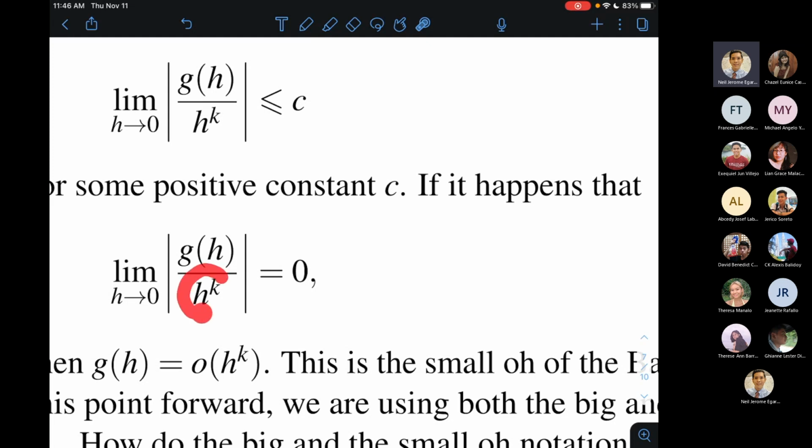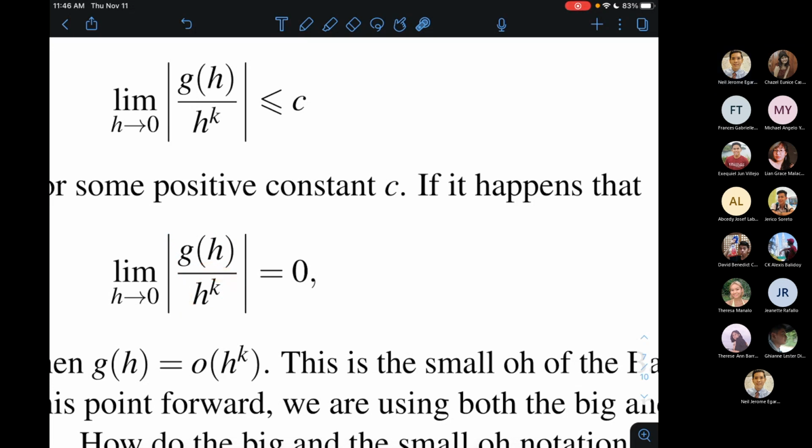Kaya ibig sabihin, mas malaki si h to the k, kaya yung ratio ay in the long run nagzi-zero. So definitely, mas mabilis by a significant margin lumaki yung h to the k kesa kay g of h. So that means g of h approaches zero much faster than h to the k.